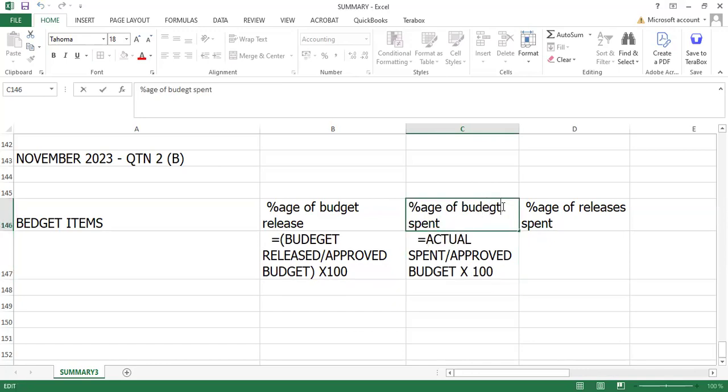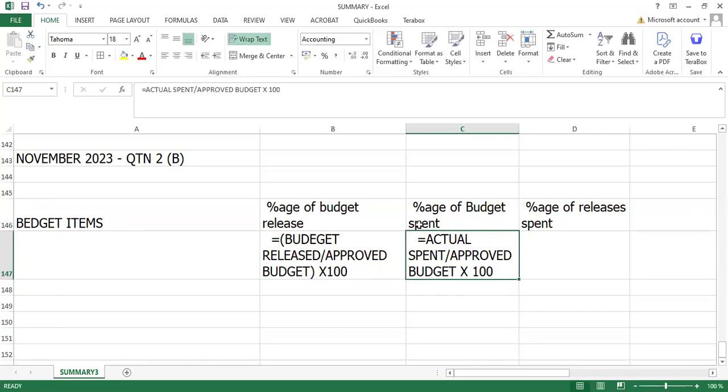As I said, they approved your budget, that's the money you are supposed to get. So if it is the budget spent, out of what we approved as the budget, how much did you spend? You can't rely on the releases. You can't say that because I received less compared to the budget, I should get the actual spent over the budget released. No. You can't do that.